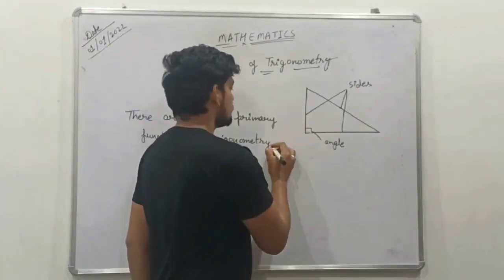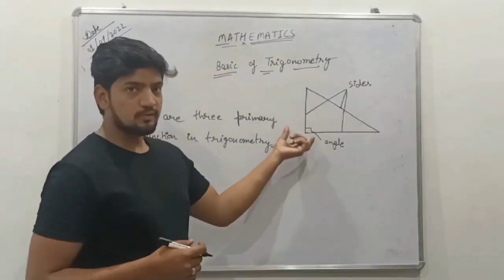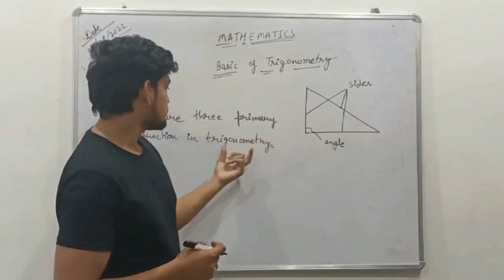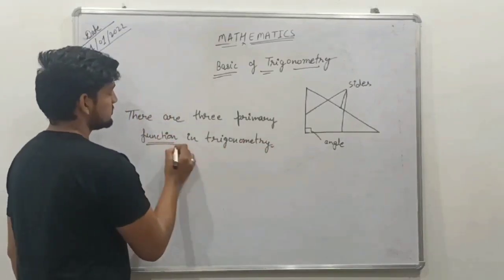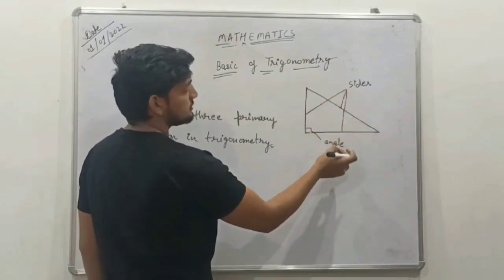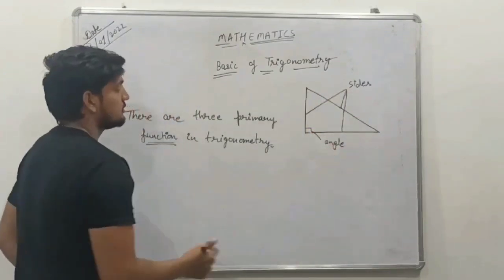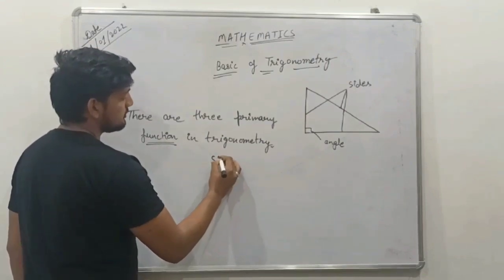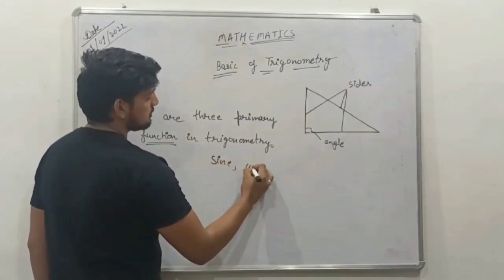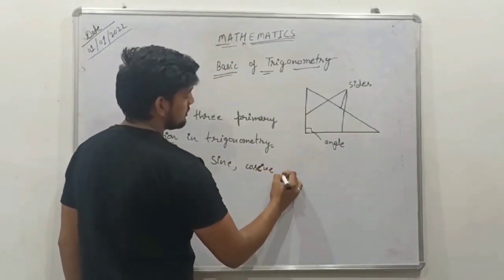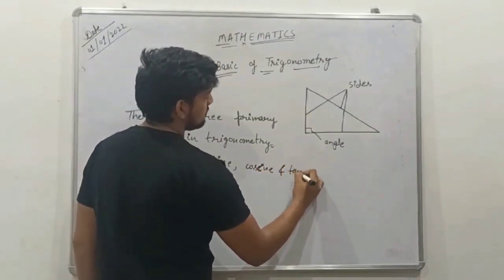What is a function? A function is the ratio of two sides and the angle. The three primary functions are sine, cosine, and tangent.